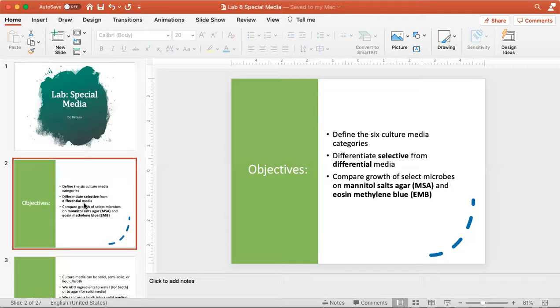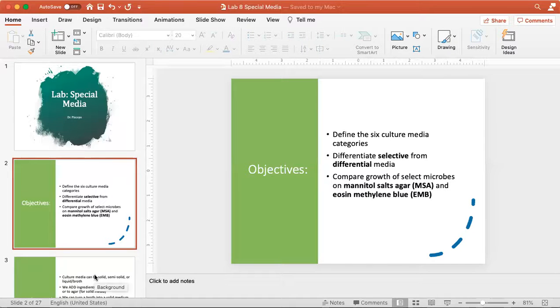We're going to take a few select microbes that we know the genus and species of, and we're going to grow them, or try to grow them, on 2 kinds of special media. 2 very commonly used types of special media. One is called Mannitol salt agar, or MSA, and the other one is called eosin methylene blue, or EMB.